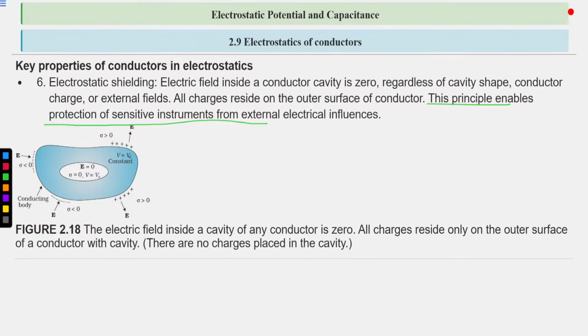That external electric field will interrupt their working. So for their protection, we place these instruments inside this type of cavity, and the cavity prevents them from external electrical influences. This type of configuration is also known as a Faraday cage. So these are Faraday cages that are used to protect sensitive instruments from external electrical influences.